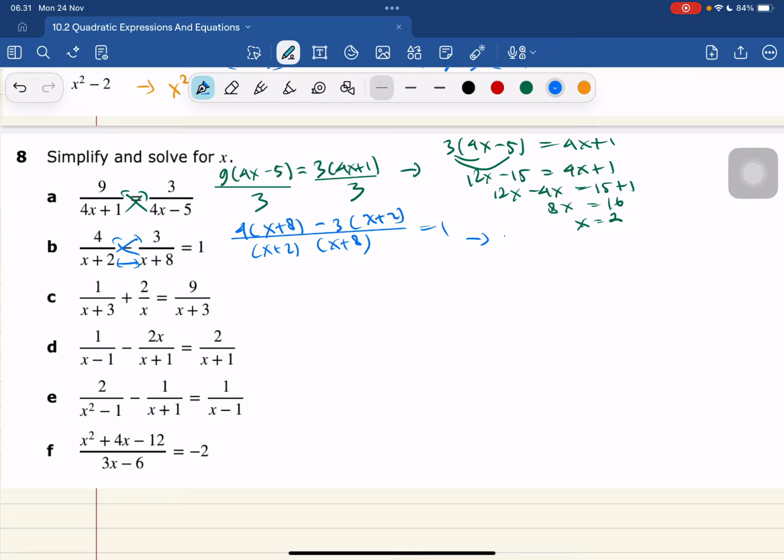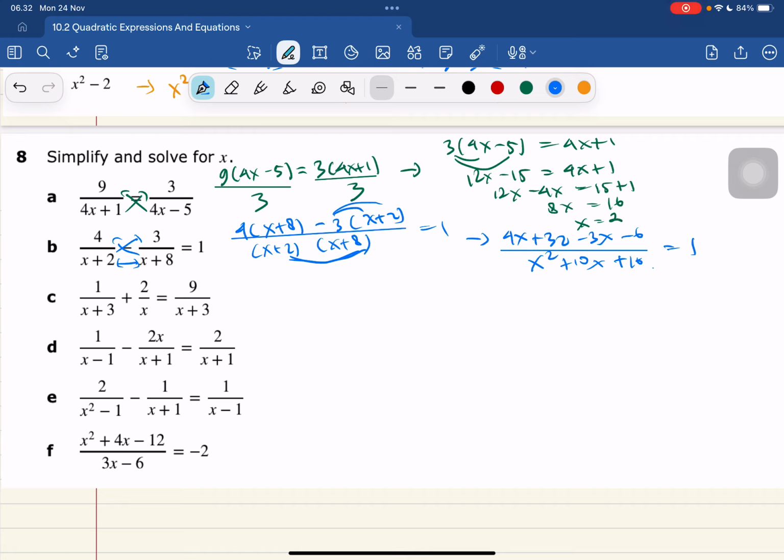Okay, proceed: 4x plus 32 minus 3 times x, minus 3x, minus 3 times 2 is minus 6, divided by x squared. 2 plus 8 is 10x, and then 2 times 8 is 16, equal to 1.